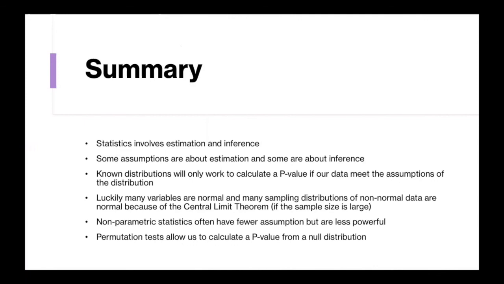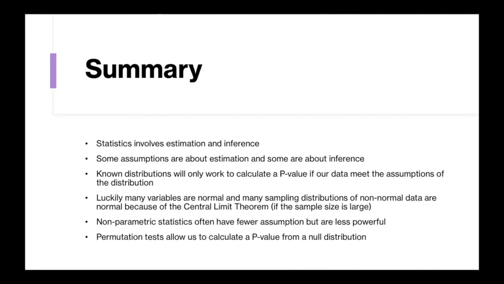So in summary then, statistics always involve some component of estimation and some component of inference. Some of the assumptions of our statistical tests are relevant for the estimation part of our statistical procedure, and some of the assumptions are about our inference. Known distributions only work for us to be able to make appropriate inferences and calculate our p-values if our data meet the assumptions of the underlying distributions that we use to calculate those p-values.